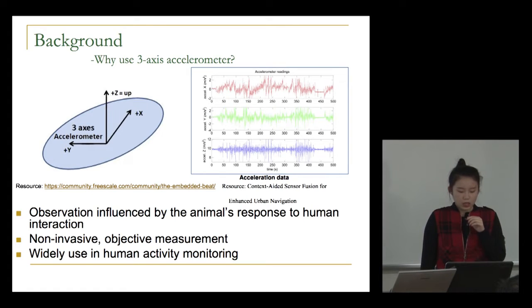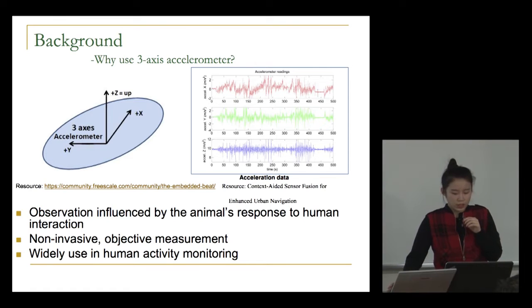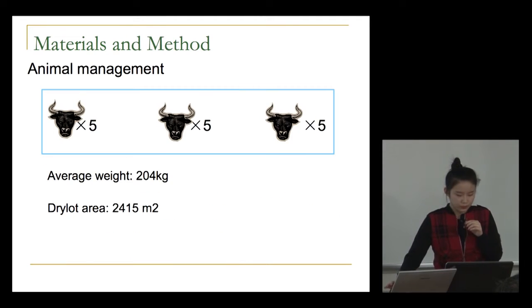This way, 3-axis acceleration can provide a non-invasive and objective measurement for behavior monitoring. And this device is already widely used in human activity monitoring.